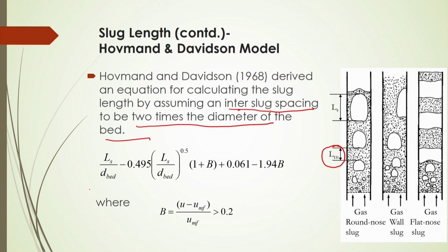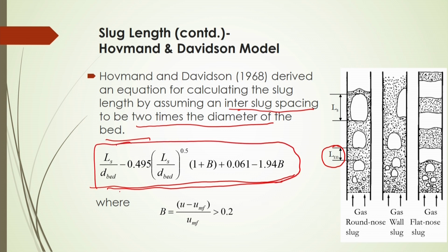In that case, they did several experiments, changing the diameter of the bed and also the fluid velocity, with different particles, and they came to observations and formulated one correlation to calculate the slug length, which is given here like this.